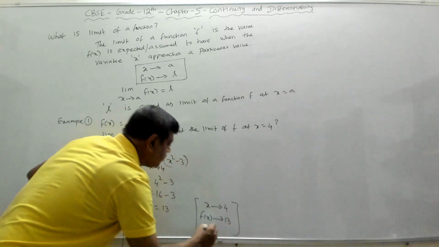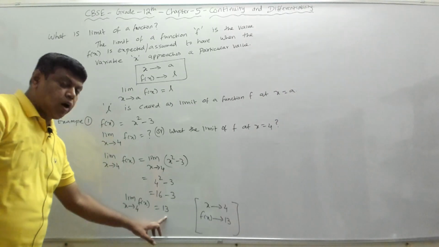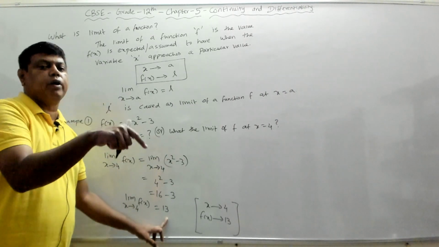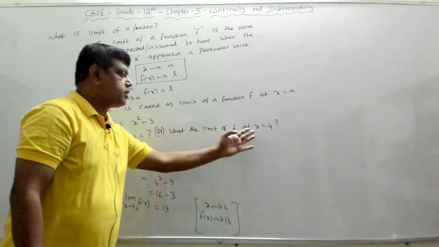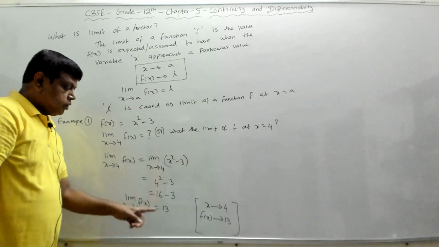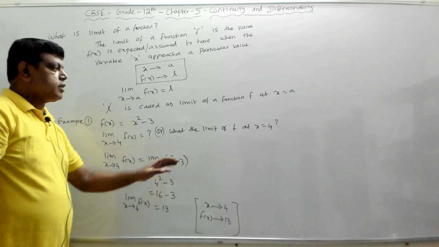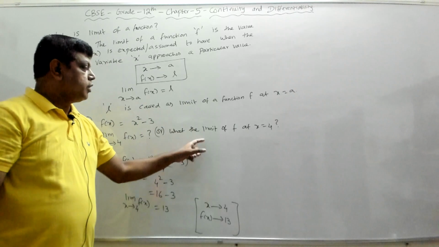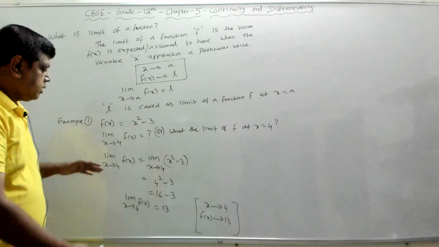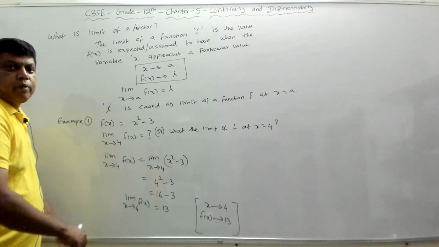That's the meaning of writing like this. So this 13 is called the limit of the function at a point. The limit is always defined at a point, at a point means at what value of x. So 13 is the limit of the function at x equal to 4, which we calculated in this way.